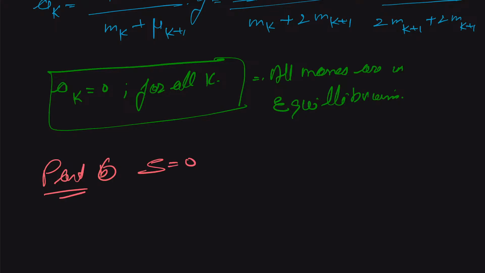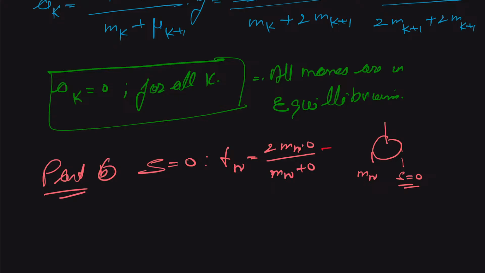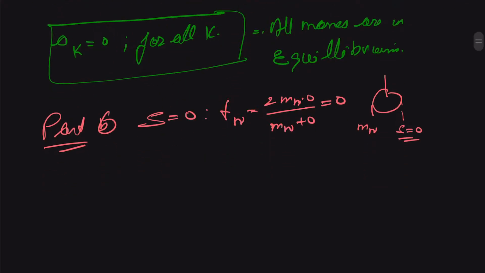So if S is equal to 0, it basically means that on the left side we have mass m of n, and on the right there is no mass, that is, the value of mass is equal to 0. Therefore from here we can write tension T of n will be equal to twice m of n times 0 divided by m of n plus 0. So this gives that tension is equal to 0.